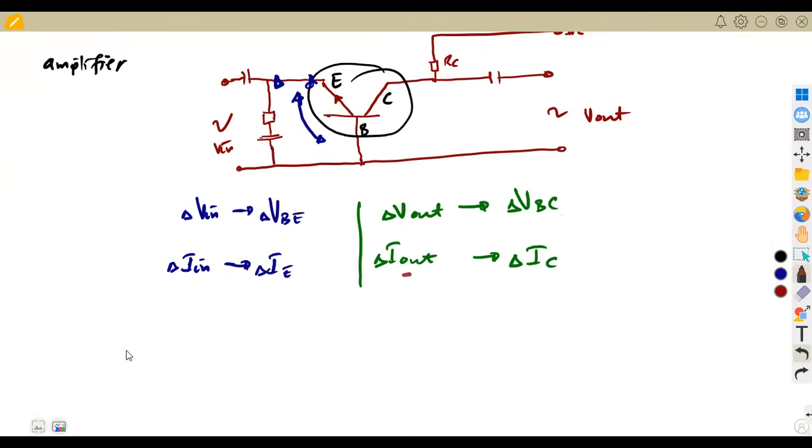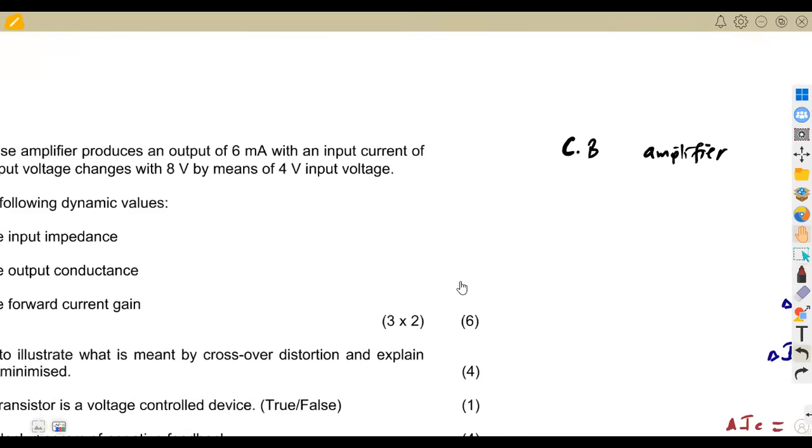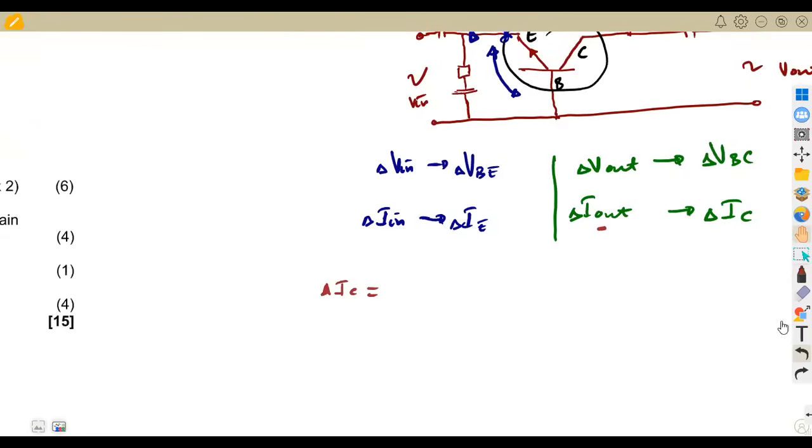Because it's a common base, we are given the change in collector current at the output, which is 6 milliamps.